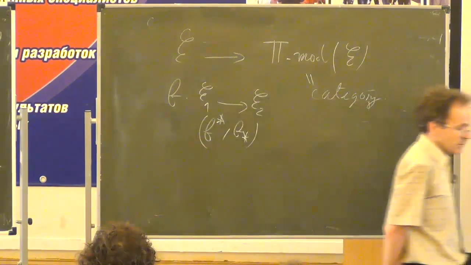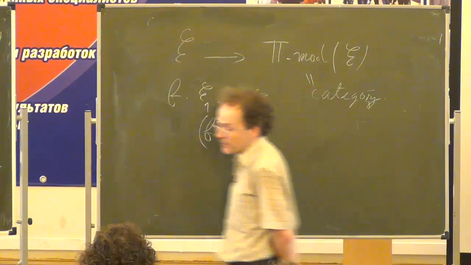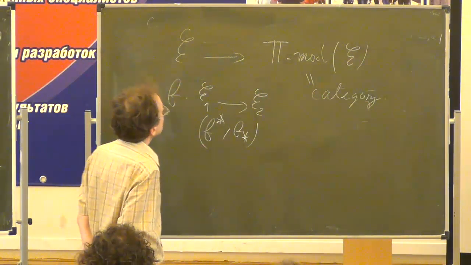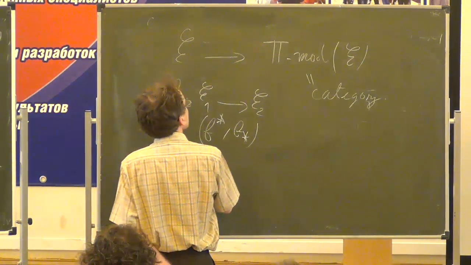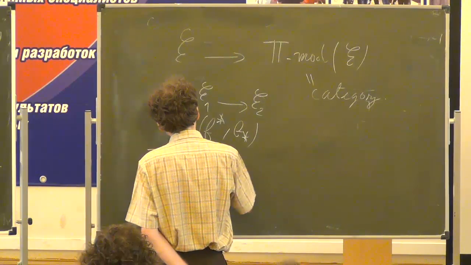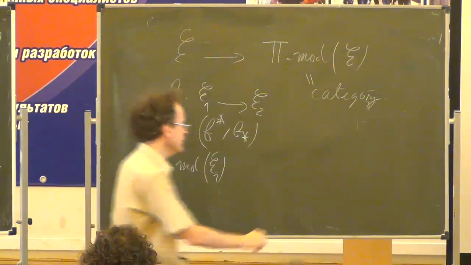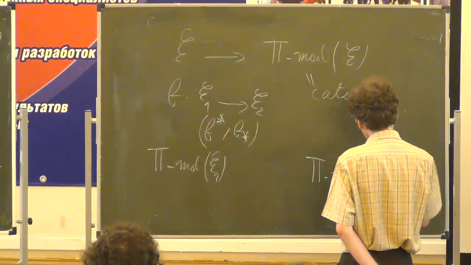Okay, and by now, some property which I may ask for is the following. When I have such a map, I would want to relate in a natural way the model of the theory T in E1 and the model of the theory T in E2.